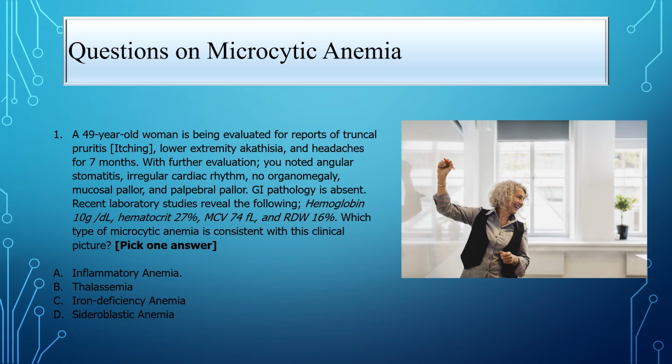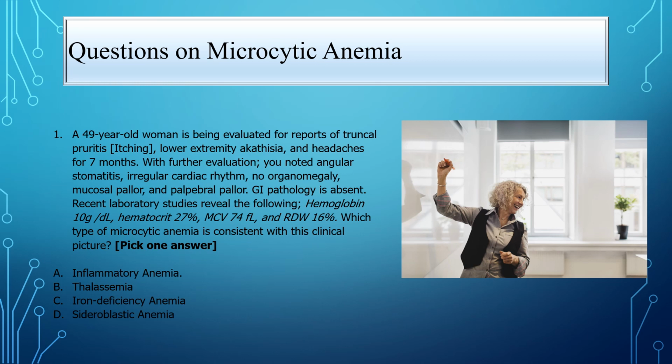She has no GI complaints, so also with the assessment, no GI abnormality. So GI pathology is absent. Her recent lab studies reveal the following: hemoglobin 10, hematocrit 27, MCV 74, and RDW 16.